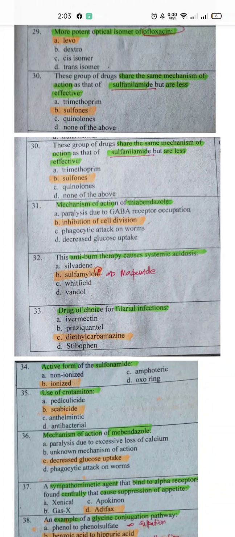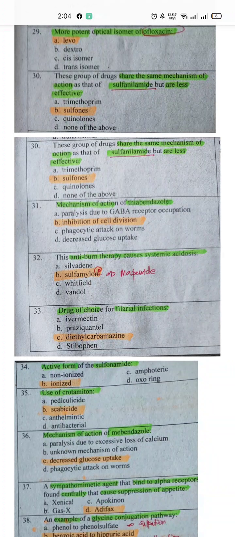Crotamidon is available in 10% concentration in lotion and cream intended for topical treatment of scabies, and its antipruritic effect is due to its local anesthetic action. So, the use of crotamidon is as a scabicide and also as an antipruritic.